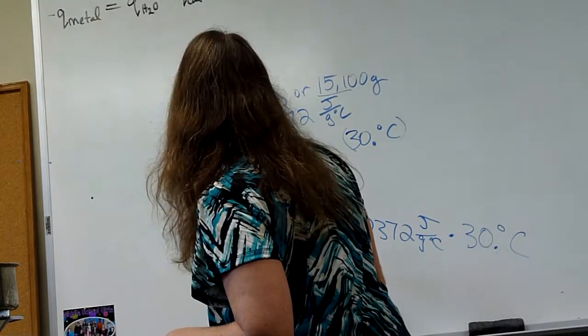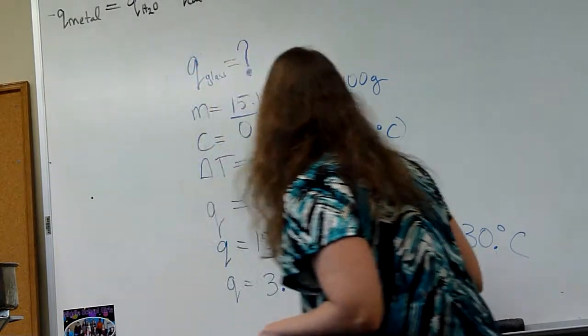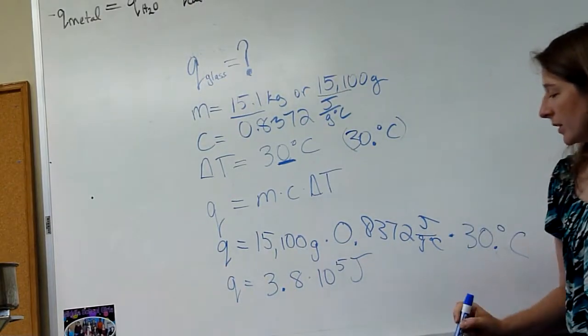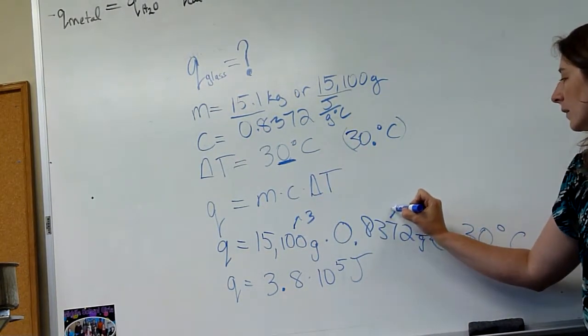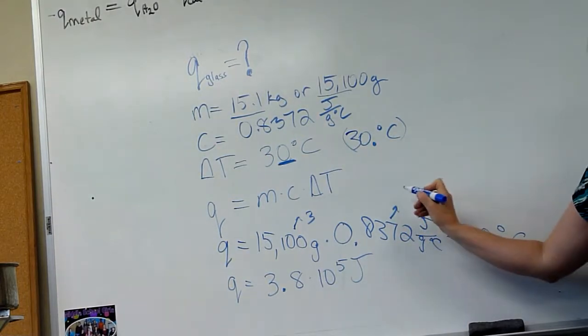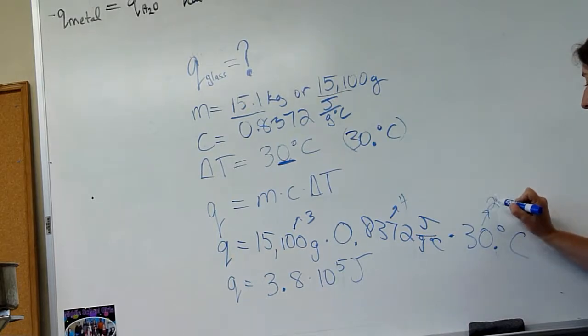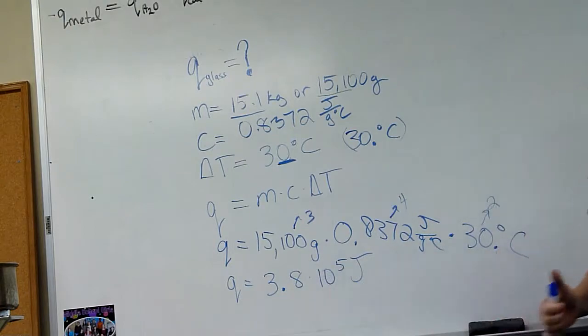Tell me real loud. 3.8 times 10 to the 5. Good. And what's my unit? Joules. And she kept 2 significant figures, which is just right, because this has 3, this has how many? 4, but this, with that decimal there, only has 2. So when we multiply, we have to keep the least, that's 2, so we keep 2, 3.8 times 10 to the 5th joules. So that's a big chunk of glass. It takes a large amount of energy to heat up.